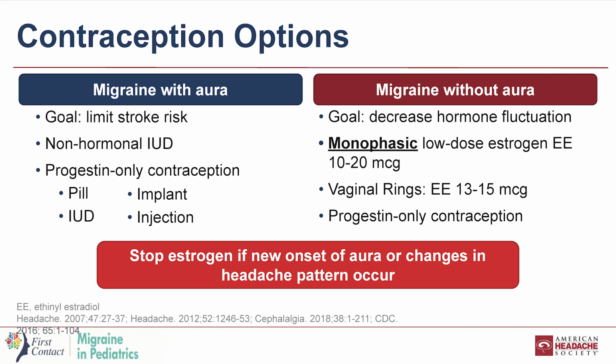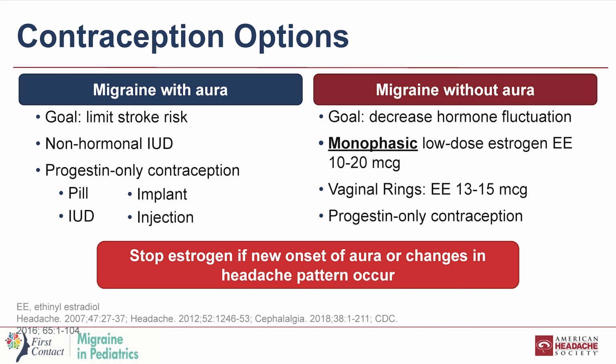First, let me talk a little bit about kind of the two places that contraception can come up in helping or in patients who live with migraine disease. And then we're going to go a little bit into that evidence on the stroke risk. So for patients who have migraine with aura that are trying to make a decision about contraception, your main goal is going to be to limit stroke risk. So you may counsel them on things like choosing non-hormonal IUDs, or if they're going to use a hormonal-based option, possibly considering progestin-only options.